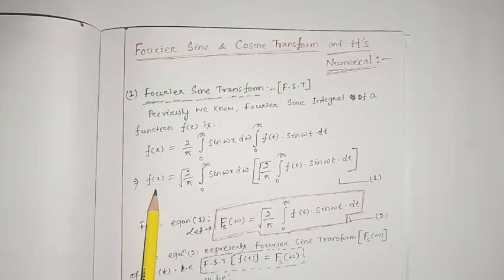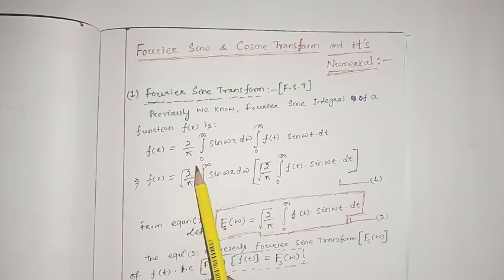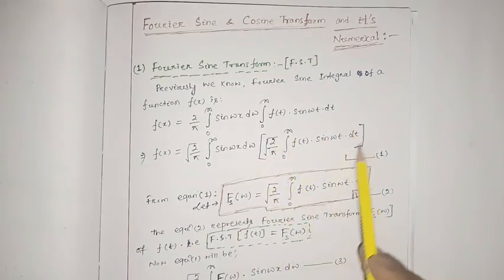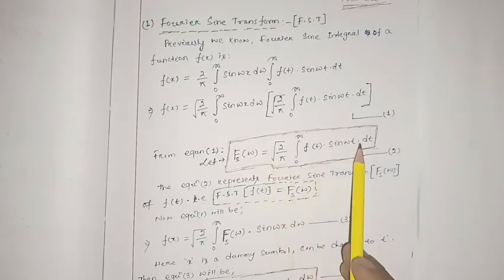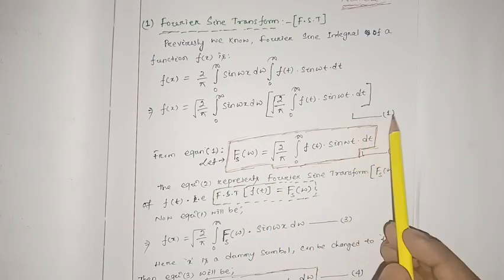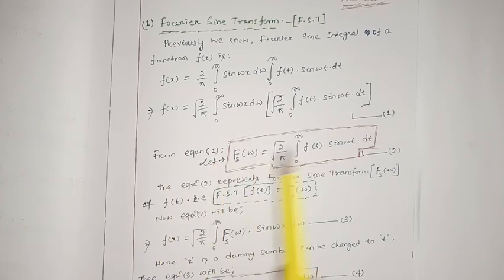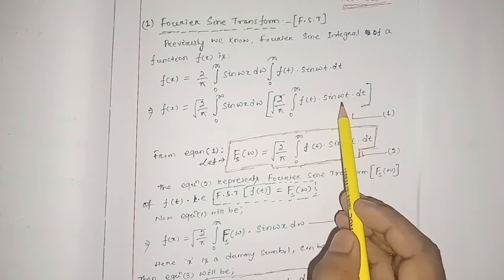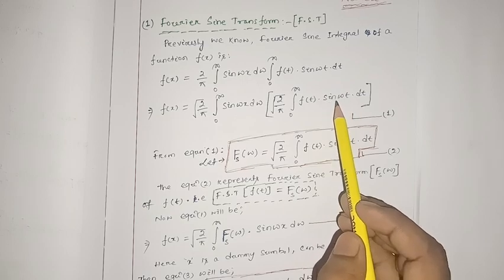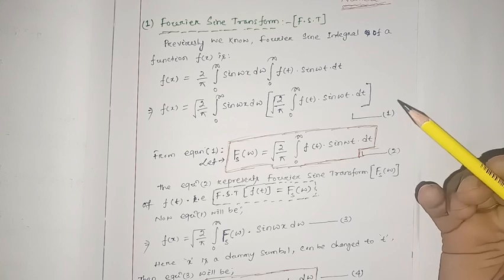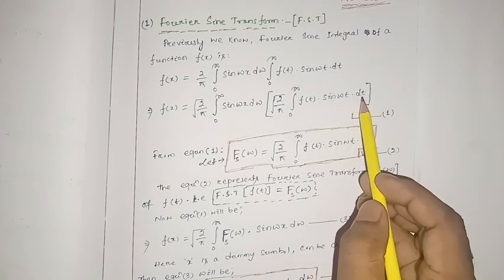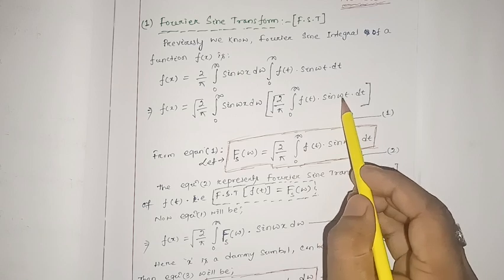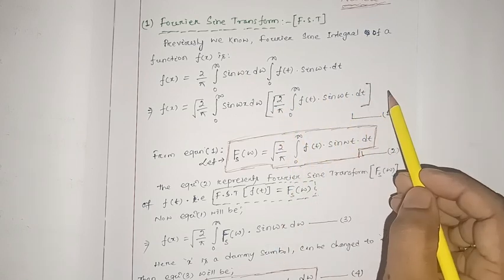So that implies f of x can be written as root over 2 by pi of this integral, and this integral of equation number 1 is called the Fourier sine integral. Let this be equation number 1. From equation number 1 you can see that if I integrate with respect to t, then omega is considered constant. So finally we get a function of omega only, after substituting the upper and lower limits.